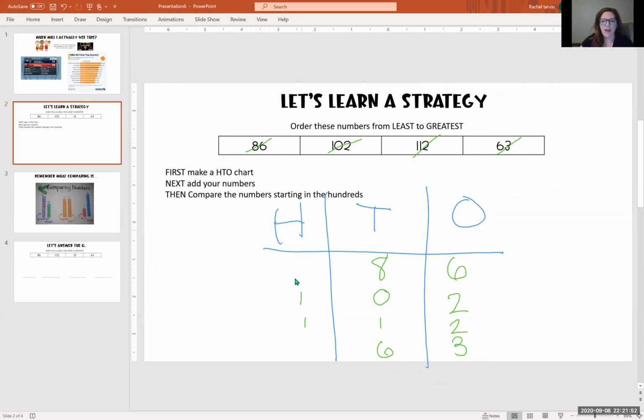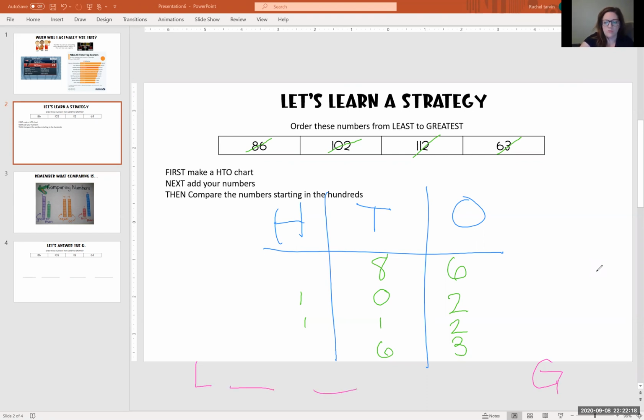I'm looking for the what? Least to greatest. That's right. So a strategy that I use, if I want to decide which number is the least to greatest, I'm going to put them in order using this area down here. I have 1, 2, 3, 4 numbers.